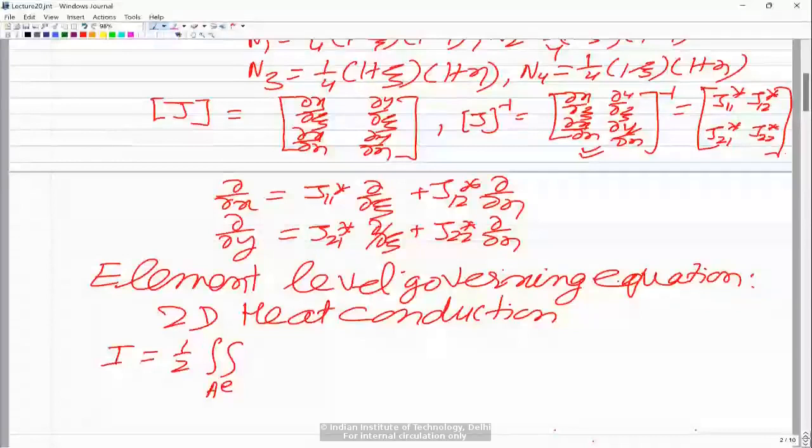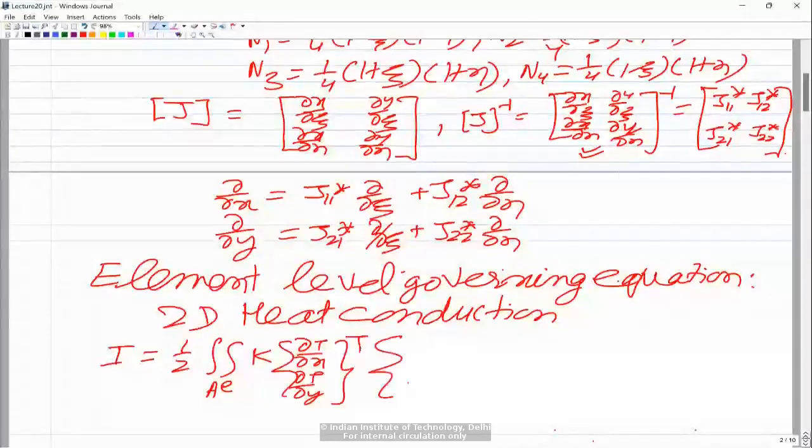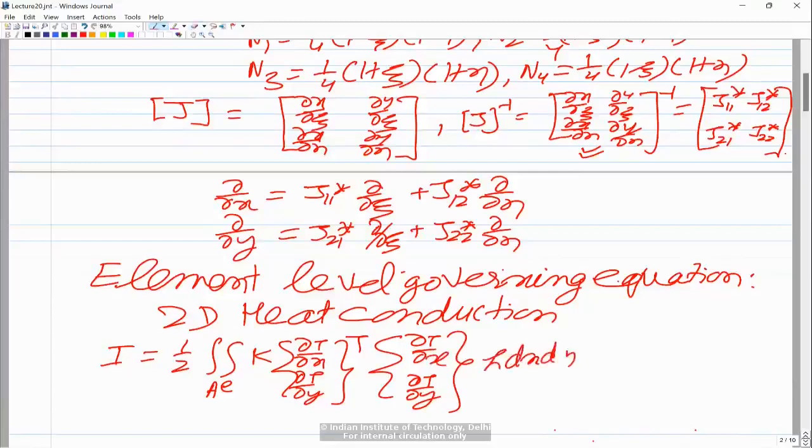So this was k, and then we had del T by del x and del T by del y transpose into del T by del x, del T by del y. These are the temperature gradients. So you have to of course make a note between x and xi, eta. So this is x, this is h dx dy. That's the first term in the integral functional.